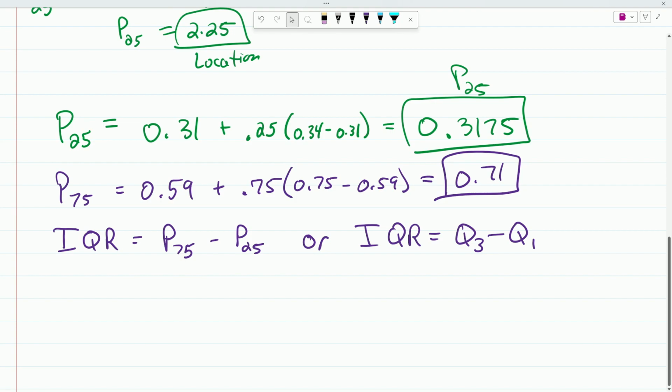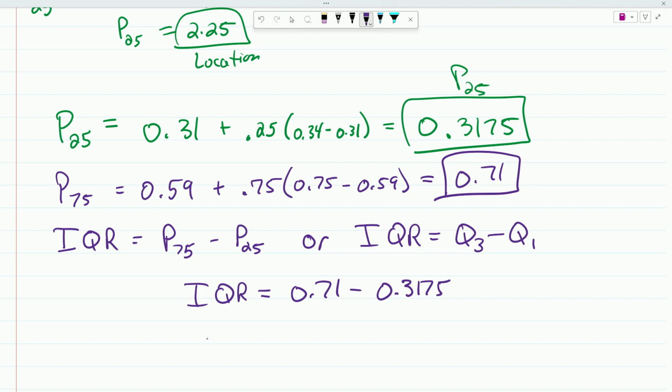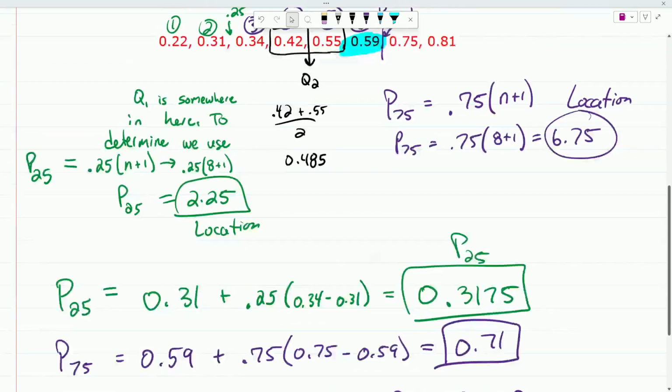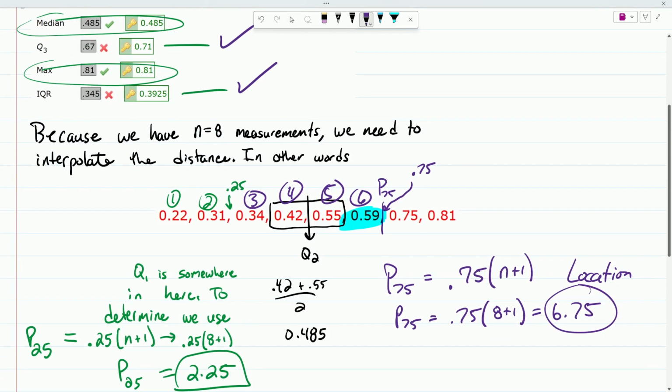So we just go ahead and substitute our values in. The IQR is equal to 0.71 minus 0.3175. So our IQR is 0.3925. And if we scroll back up here just to verify the answer, now we got it precise.